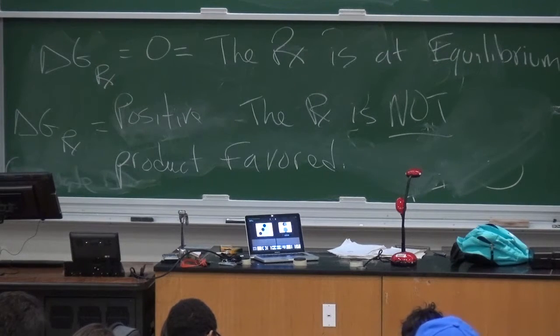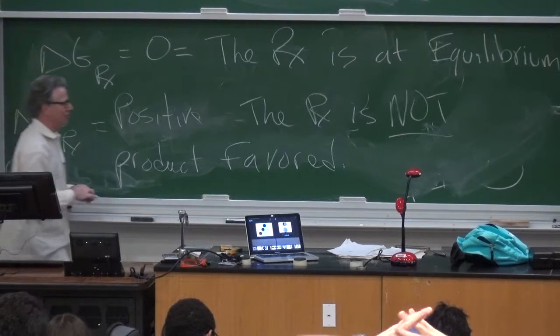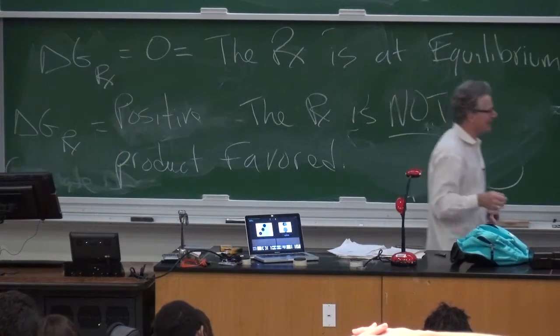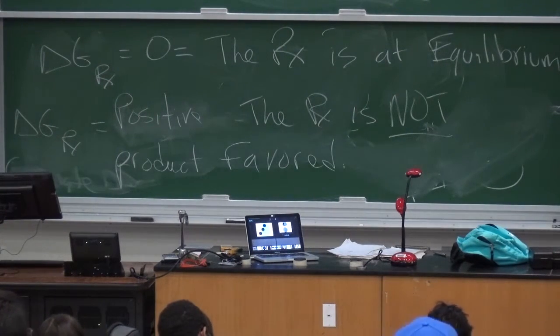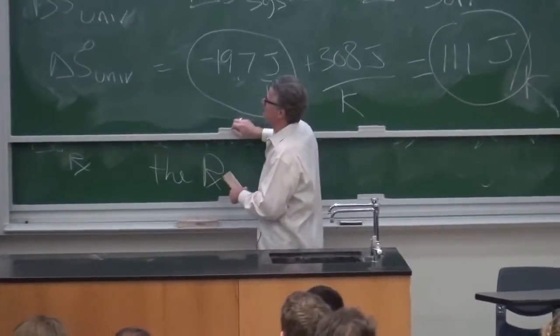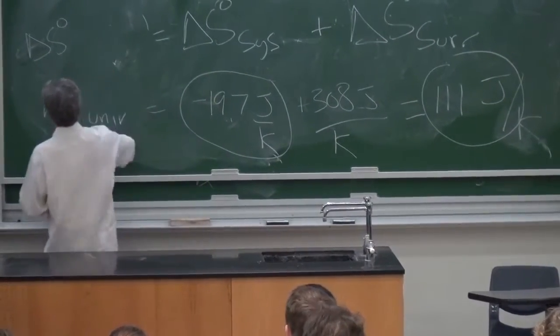All right, so there are your important statements about delta G reaction. And as I said, the key players are delta H and delta S, and they come together this way.